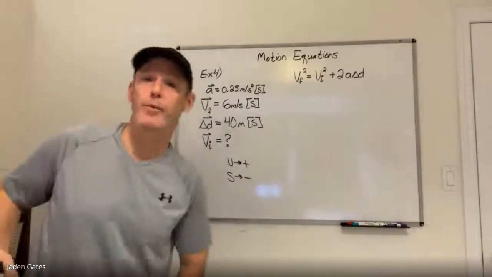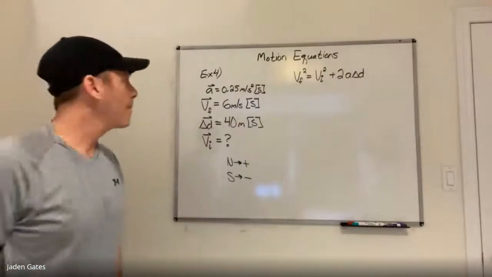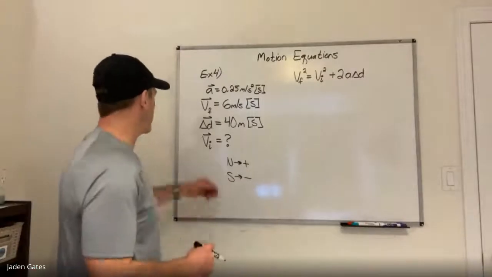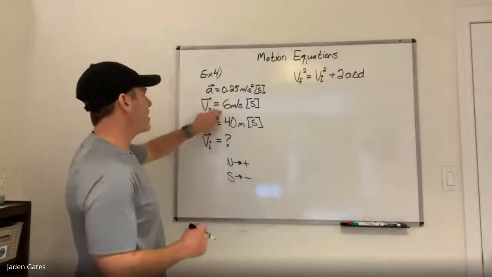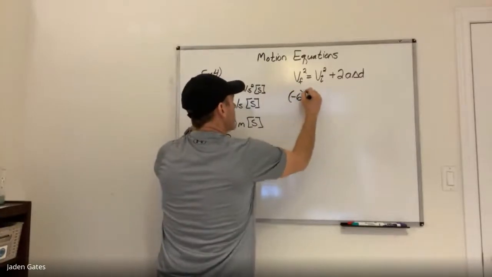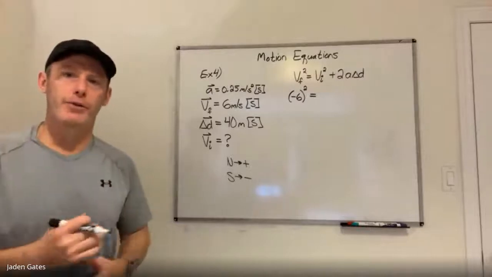This might be a case where I would say south is positive because they're all south, but I'll stick with what I normally do. So south is negative here. When I put VF squared in here, it's going to be negative 6 squared, because I said south is negative.